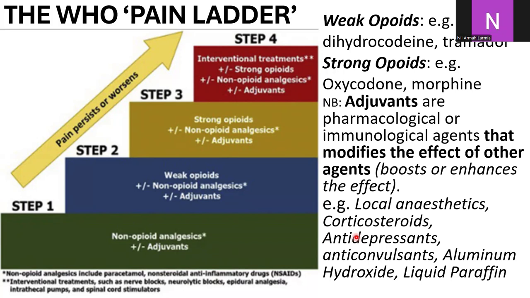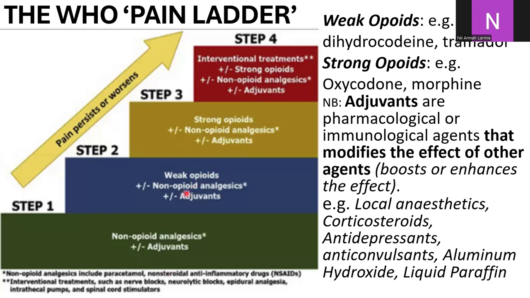Depending on the intensity of the pain, we could start pain management with a simple analgesic, a non-opioid, whether it has an adjuvant or not. That is where you start from, step one. But if the pain is not responding or the pain gets worse, then you jump to step two, where you add a weak opioid to your simple analgesic, or you use a weak opioid without the simple analgesic.